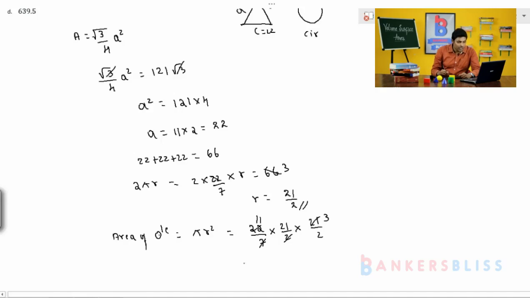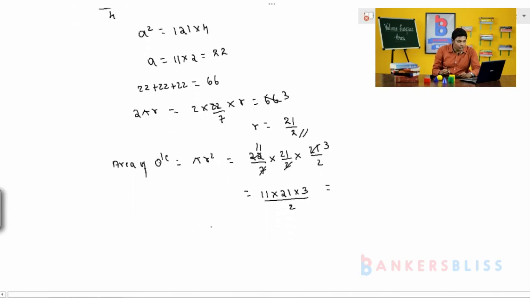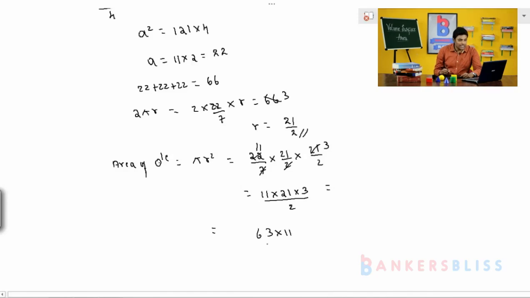See here, 11 into 21 into 3 divided by 2, which is equal to 63 into 11 by 2. So 11 threes are 33, 3 carry over, 11 sixes are 66, 66 plus 3 is 69, whole divided by 2, which gives 34.5 and so on. So the answer is 346.5.